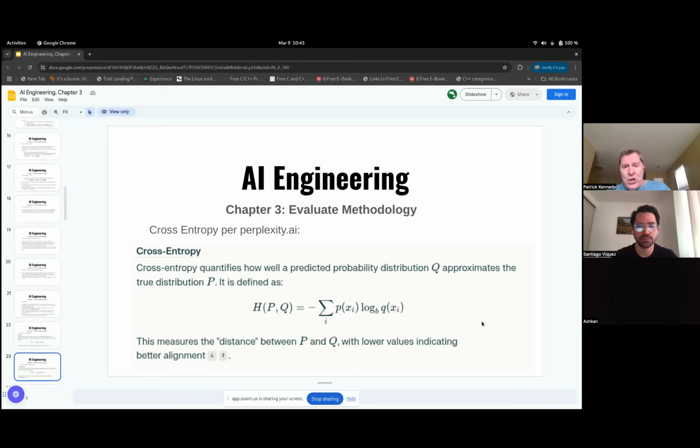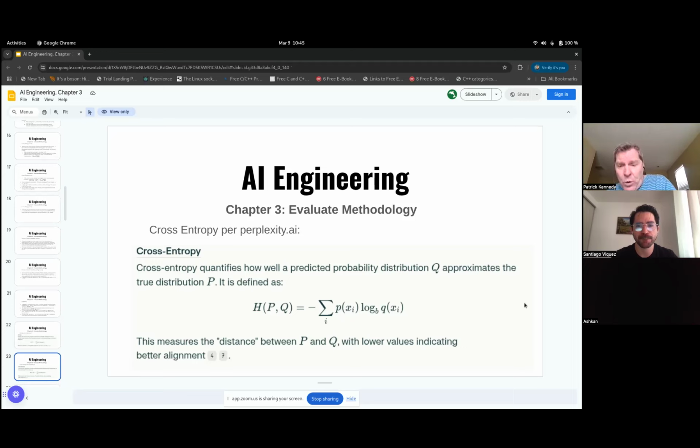So you've got H(P, Q) as inputs, and here is how it's defined. It's very similar to the last equation, but instead of Px at the start, you have Px, and the one that goes into the log is Qx.